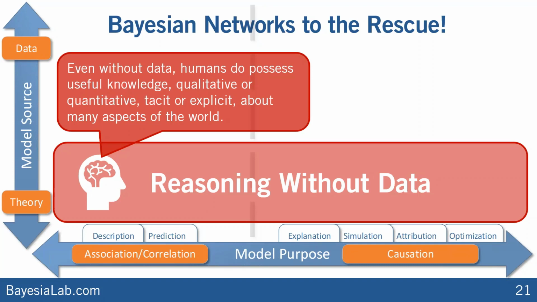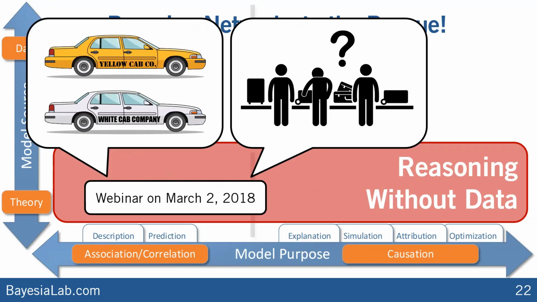In last week's webinar, we talked about two such problems. We talked about the white cab, yellow cab problem and the where is my bag problem. And we reasoned about all those problems, and we tried to resolve them just with domain knowledge without any data.